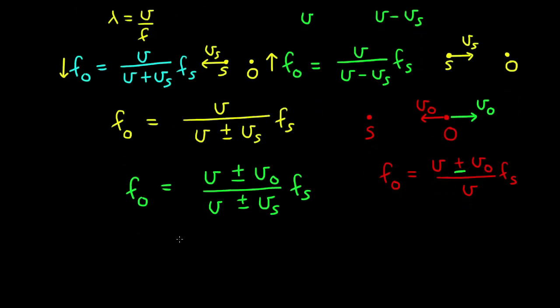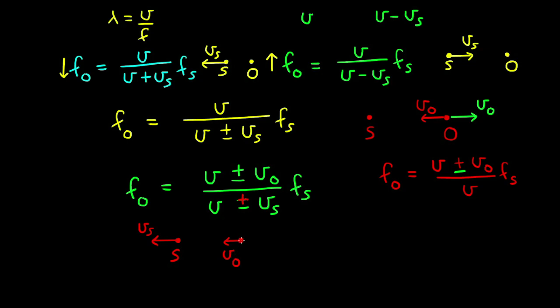So in this case, for example, if you have the source moving away from the observer and the observer moving towards the source, then given the source is moving away from the observer, that's going to cause a drop in frequency. So you take the positive sign in the denominator.